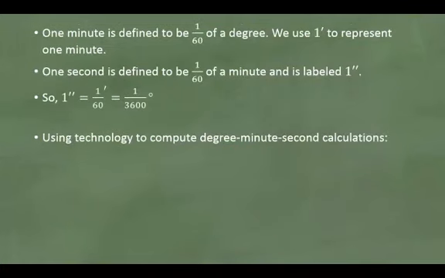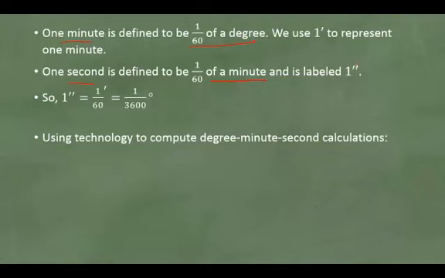A minute is defined to be a 1/60th of a degree. And we use 1 with a minute symbol to represent the minute. 1 second is defined to be 1/60th of a minute. So a minute is a 60th of a degree, a second is a 60th of a minute, and is labeled 1 with the second symbol.